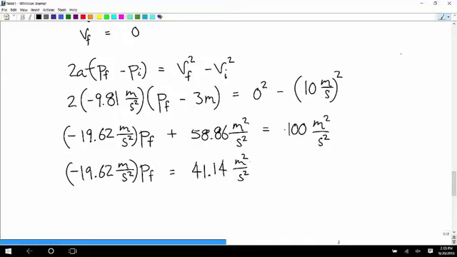Yep. And thank you, that changes everything here. Because this is positive, so now we have negative 158.86 meters squared per second squared.